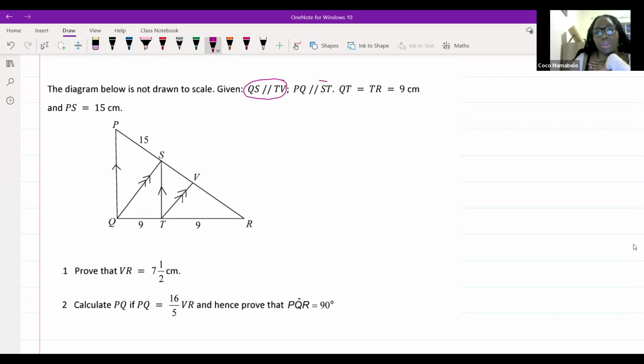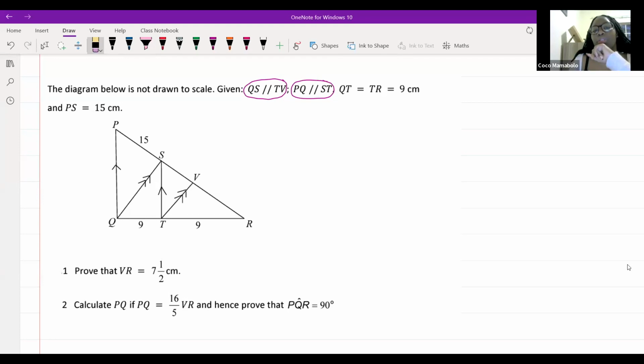They've given us that PQ is parallel to ST. So before we even start our answer, are we going to use the midpoint theorem or the converse of the midpoint theorem? Correct. Because they haven't given us all the sides equal to each other and they've given us parallel lines, that automatically means we need to use the converse. If they give us parallel lines and one of the sides, then we need to use the converse.